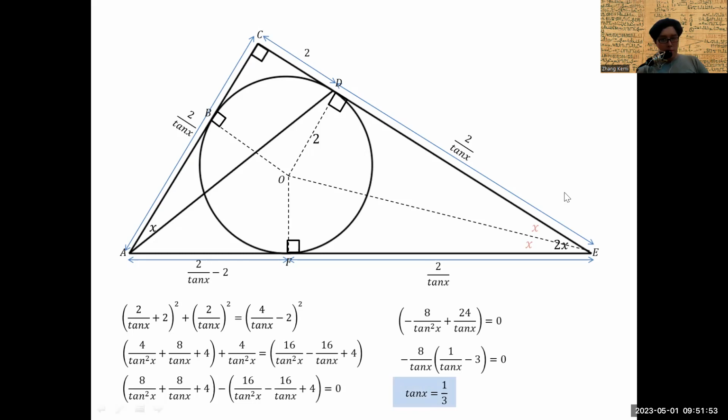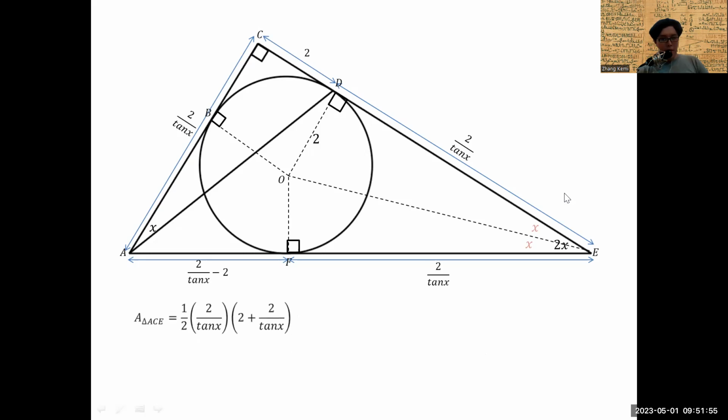Quite simply, now we have the area of triangle ACE, which is the objective in this question. So the area of triangle ACE is half of AC times CE. So half of 2 cotangent x times (2 plus 2 cotangent x). That is the area.